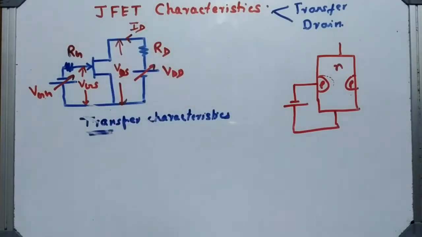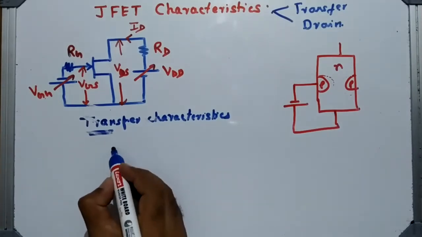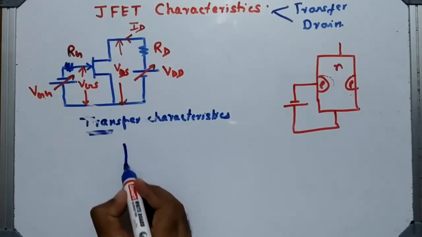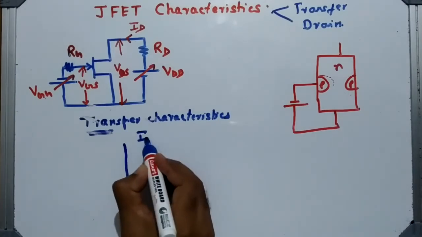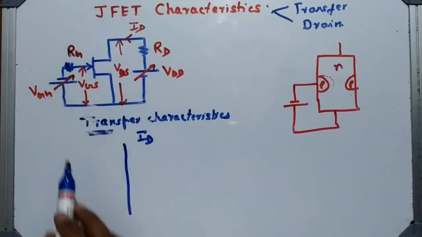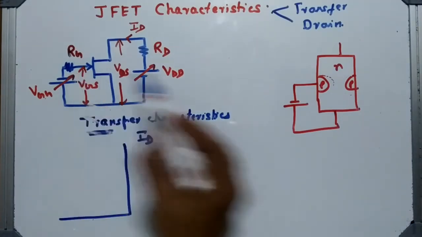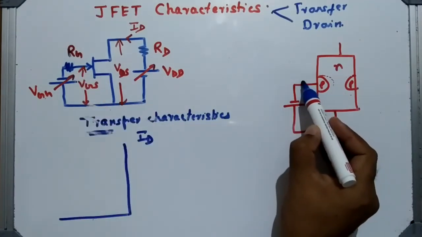Now here, transfer characteristics is the plot of one input parameter and second one is the output parameter. Output parameter is ID. And input parameter, there is only one, VGS. There is no IG because IG is the current at the gate.